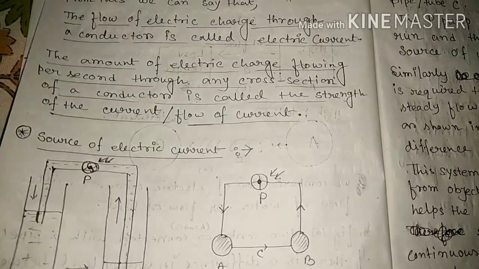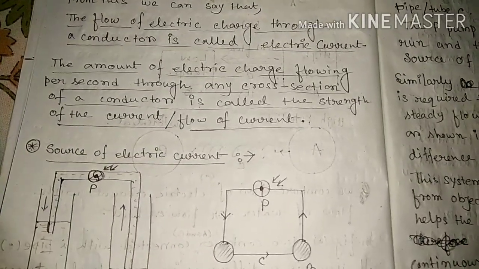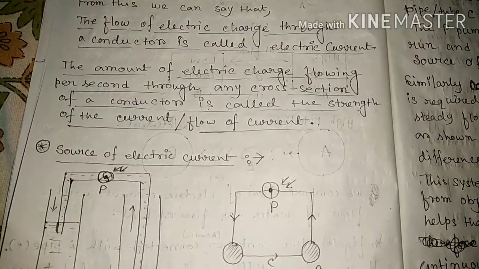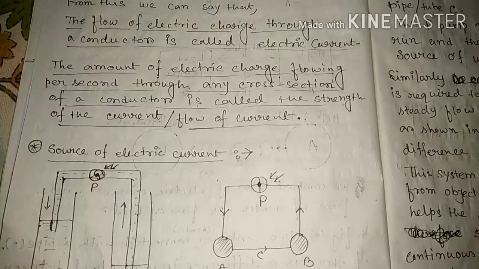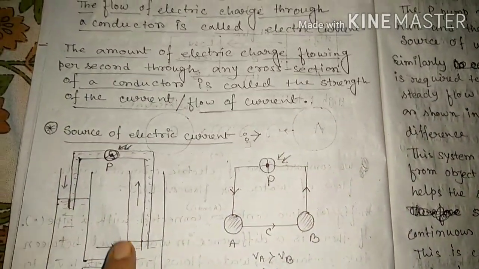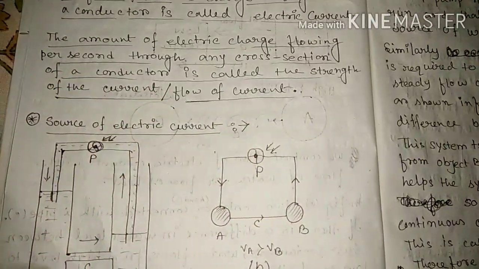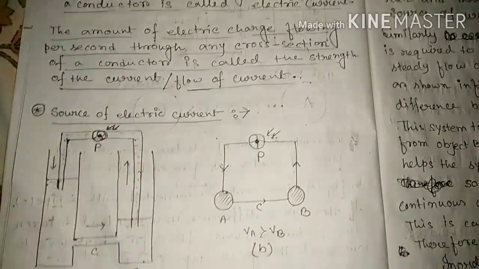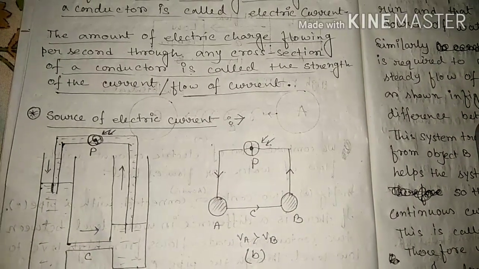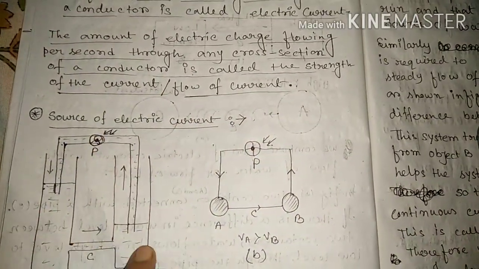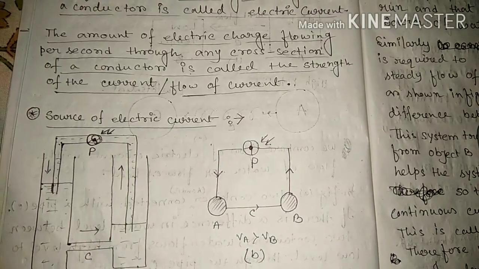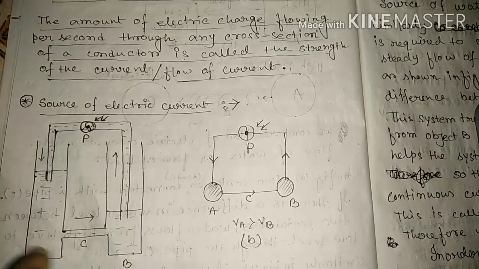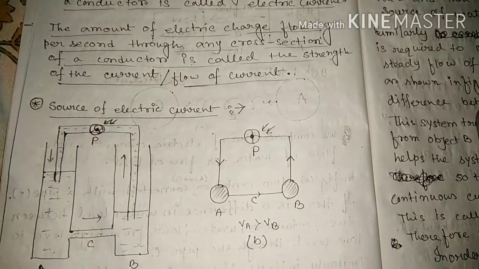That means, at all times, there must be a water level difference between the two containers A and B. Only if the level difference is present will the water continuously flow through the pipe or tube C.